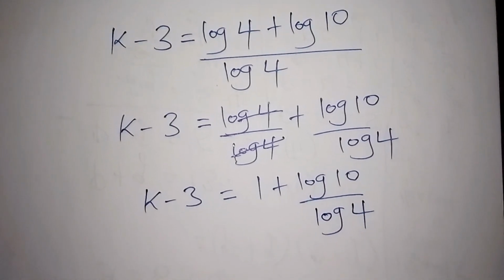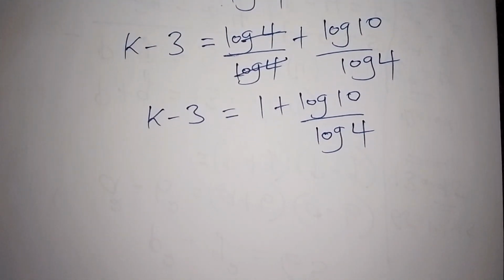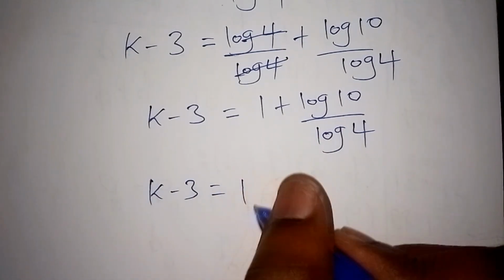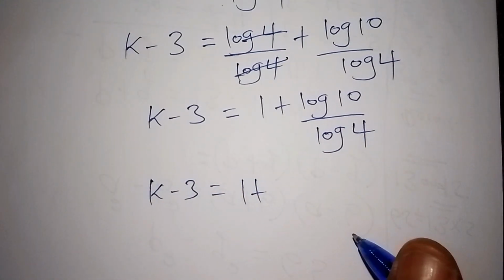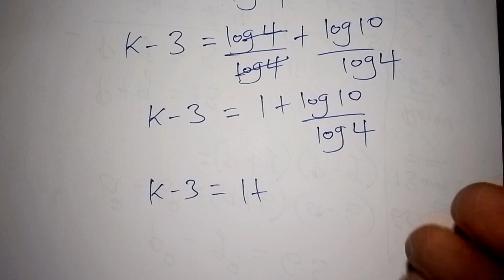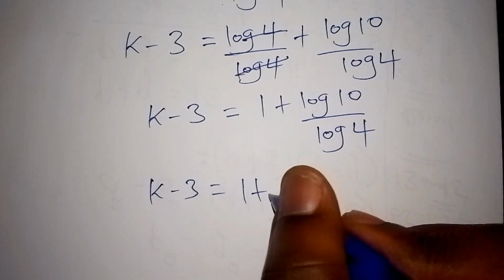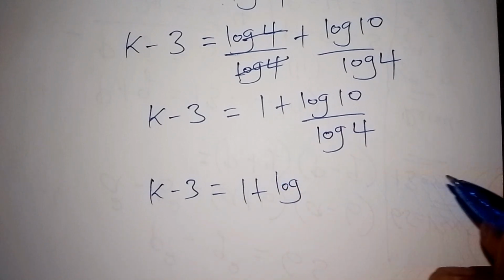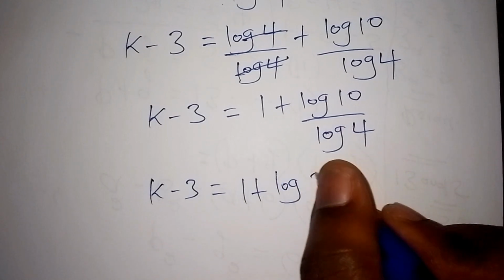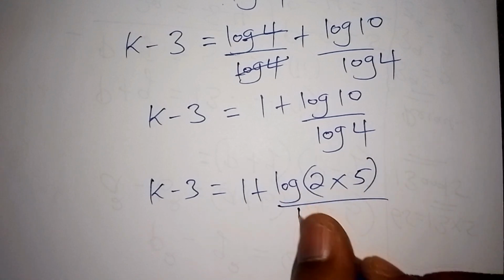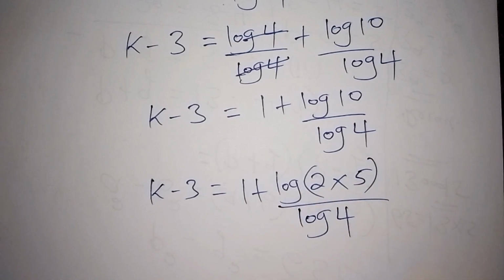We can also simplify the log of 10, so k minus 3 equals 1 plus the log of 10, which can also be expressed as 5 multiplied by 2. So we now have the log of 2 multiplied by 5, all over the log of 4.